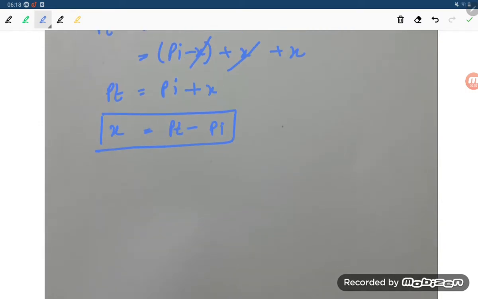In this reaction, when we are calculating the rate constant, what do we need? That is 2.303 upon t log of initial Pi upon P total. We are calculating for the P total of A and Pi of A, in terms of the reactant. So how can you calculate PA?